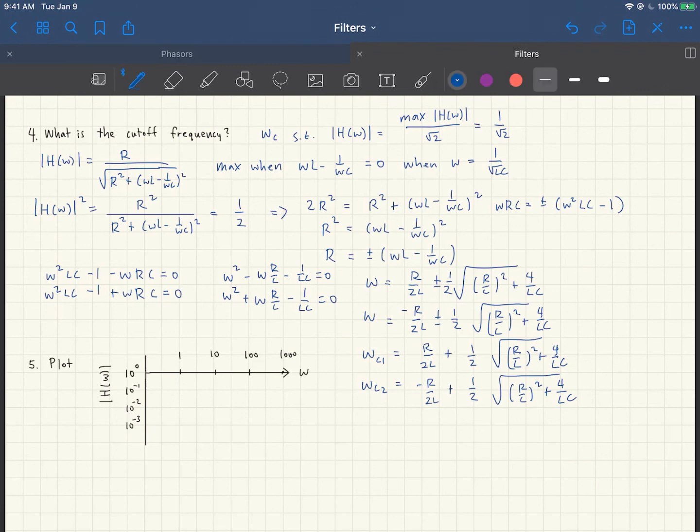Now let's pick some values to plot. So we know the maximum is at omega equals 1 over square root of LC. So let's say 1 over square root of LC is equal to 10. And then the difference between our cutoffs, omega C1 minus omega C2, is equal to R over L, and I'm going to say that's approximately equal to like 3.